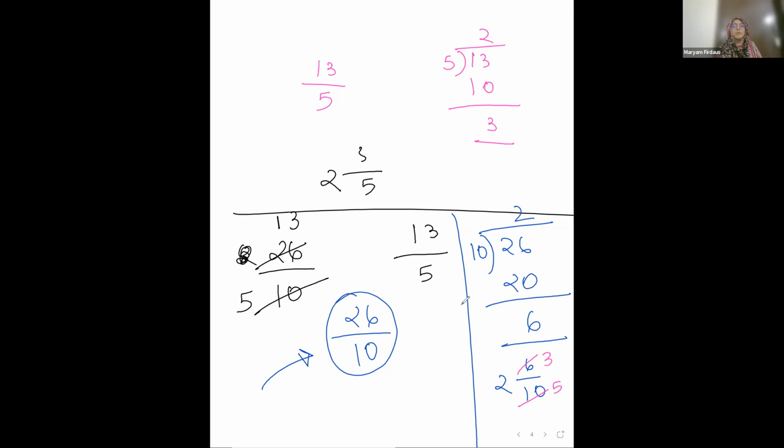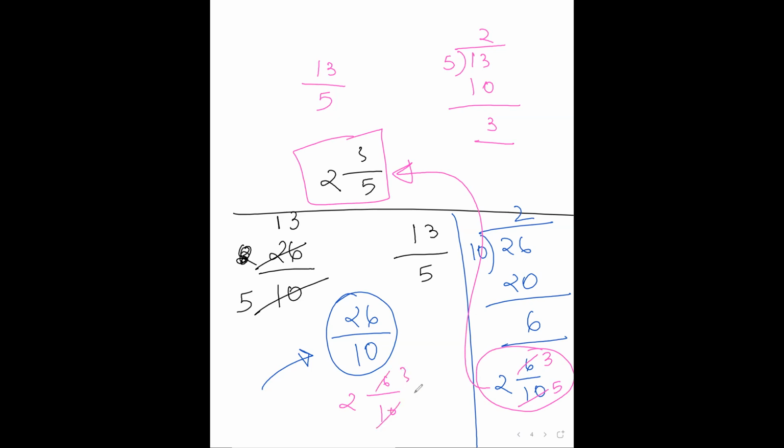So if your fraction is too difficult and you're having trouble finding the simplest form, it's okay. Find the mixed fraction first. And from here also, you can find the simplest form of the mixed fraction. If you have 2 6 by 10, for example, you can just cancel this and this, and you get the simplest form.